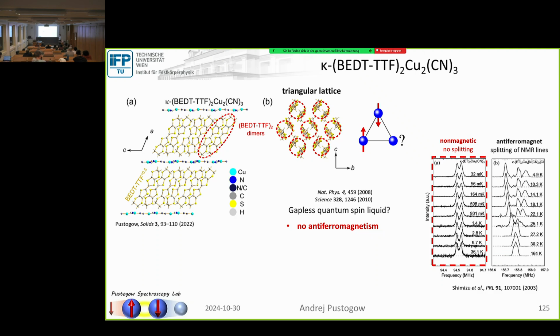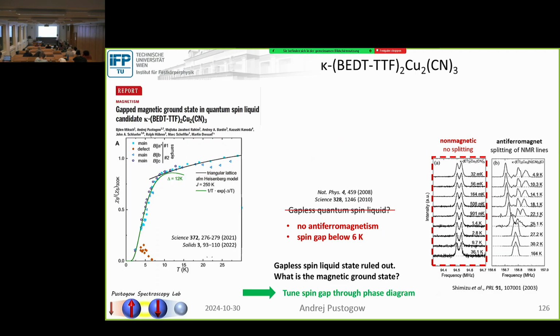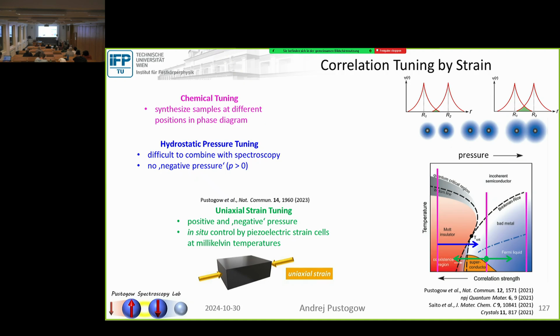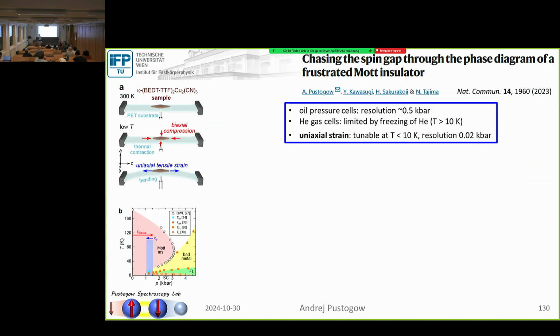It is antiferromagnetic. So indeed, the triangular lattice material does not show antiferromagnetism. So this one can really suppress it, but the question is whether it is a spin liquid. In this particular case, we showed that it is likely not the case. Then we applied some strain tuning, but let me come to the end now.